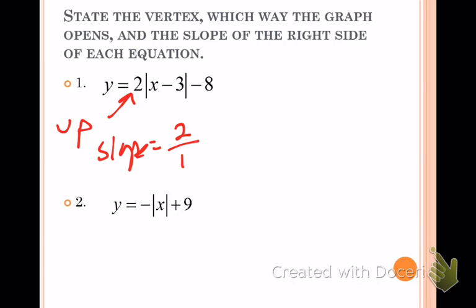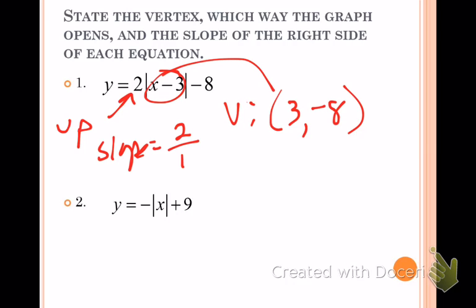So we'd go up 2 over 1 from the vertex. Now, the vertex, speaking of which, is going to be a point located at positive 3, comma negative 8. We use opposite h and same k. So we would put a point at 3, comma negative 8.